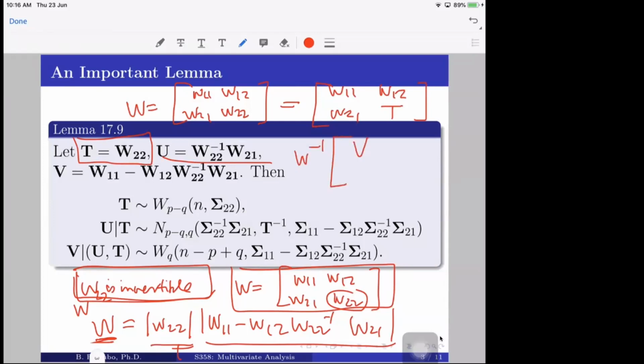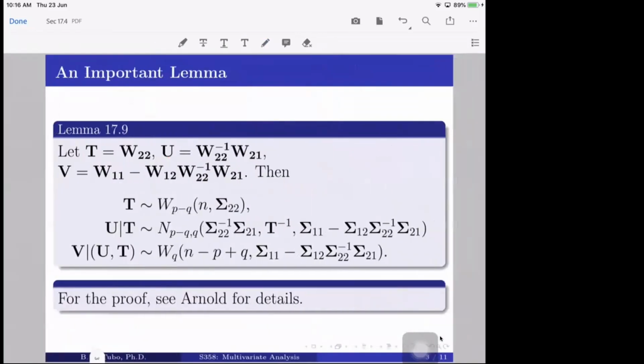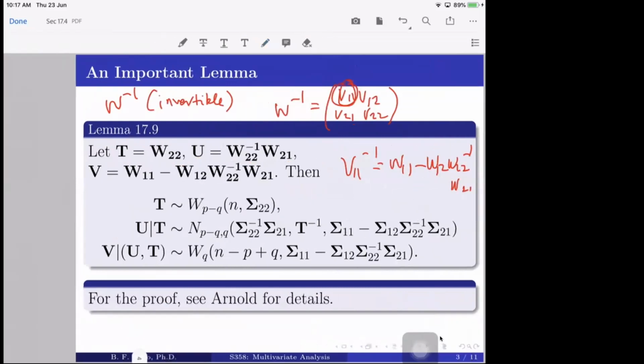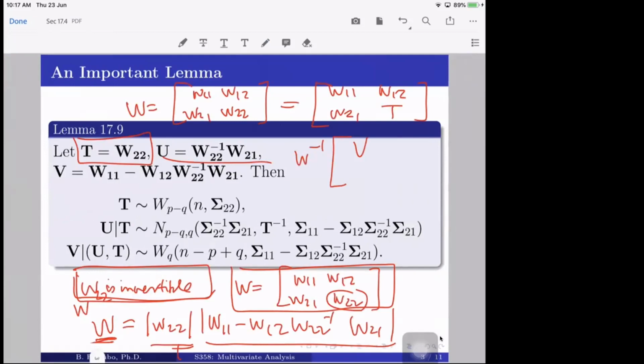What I wrote: V inverse, V11 inverse. So if this is V, V inverse is W11 minus W12, W22 inverse, and W21.